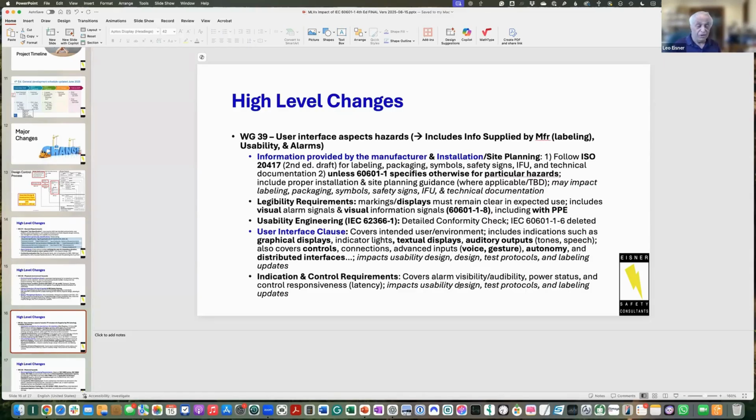Autonomy, I have only noted in this one slide, but it's going to affect several other working groups as well, like the PEM software, obviously, and a couple others, but I didn't note it here. Distributed interfaces. So if you have a device where your interface is distributed across several parts of the device, or it could be across the world, we're addressing that.